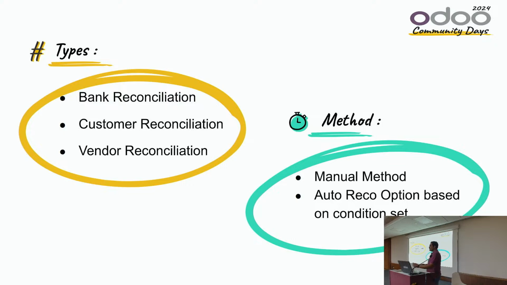Before we go ahead, I request all of you to understand these two terms, the types and the methods. These are so important, right? If I say which types of reconciliations, basically these are three, but actually there are four. The cash, we are not taking care of in our books of accounts.